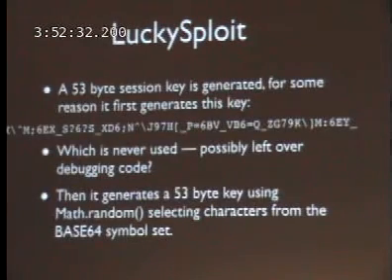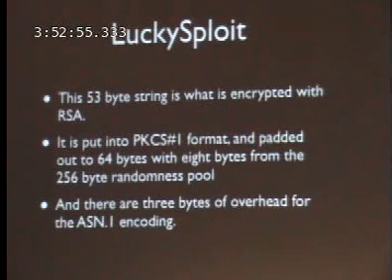It's not quite 53 full bytes; it's 53 bytes with a base 64 symbol set, so it's not actually the full 8 bits for each of those. But I've seen a lot of JavaScript code that generates cookies using a similar algorithm.